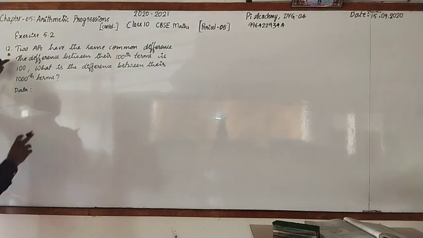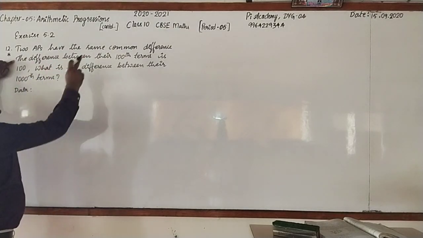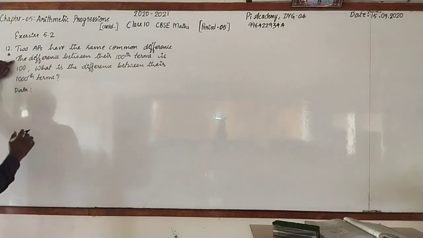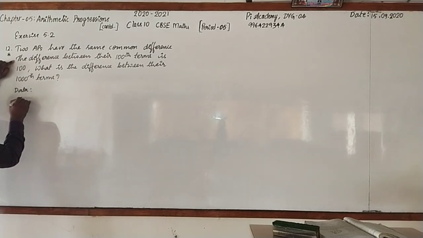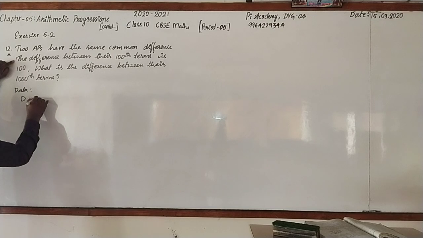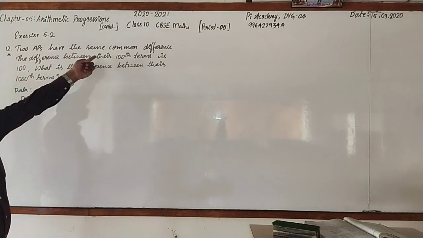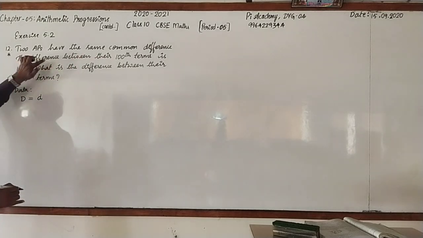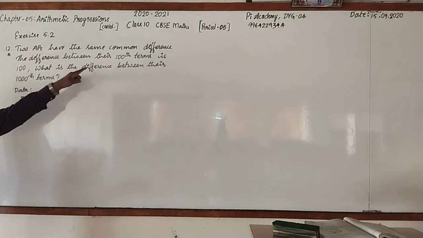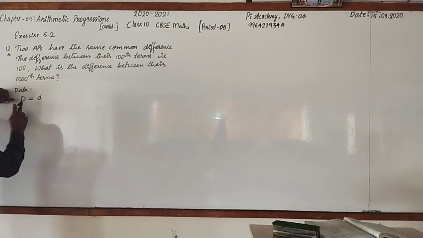Got it? Observe. 2 APs have the same common difference. Common difference of first AP, let it be D. Common difference of second AP is small d. These two are equal from the statement. The difference between their 100th terms: what is the 100th term of first AP?